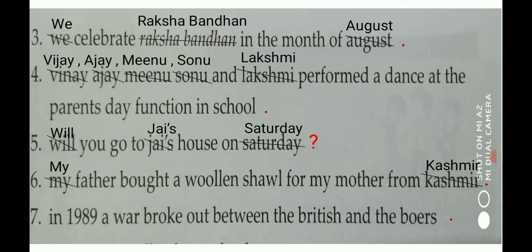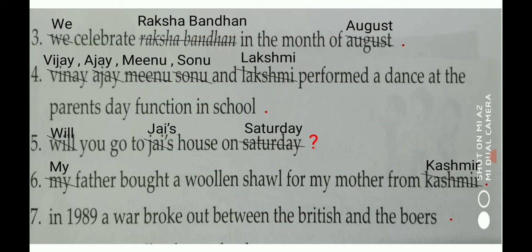Next is, in 1989 a war broke out between the British and the Boers. British means here we are talking about the people who live in the UK. Boers are also called Dutch people who lived in another place.